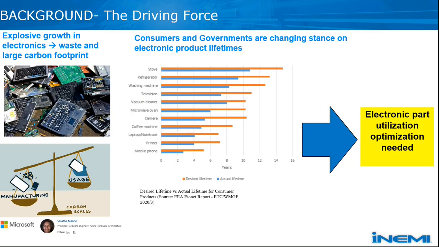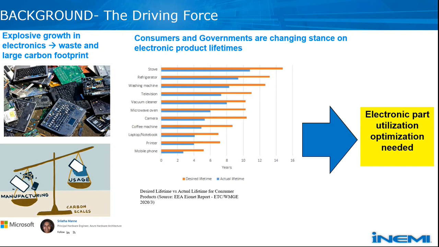So part of the background or the driving force that we have here is we do want to reduce the amount of electronics waste. It's becoming more and more of a problem. We'd like to lower our carbon footprints, and this has helped to increase the interest in extending the life of the electronic assemblies from many different perspectives.